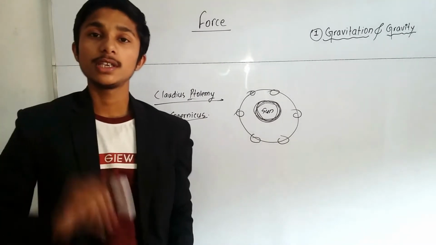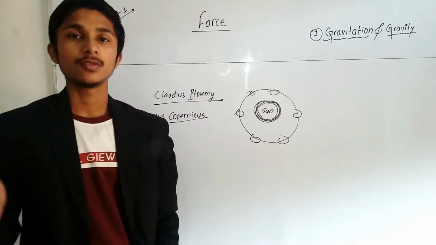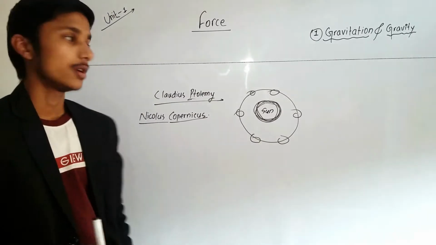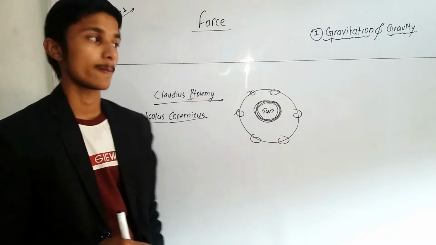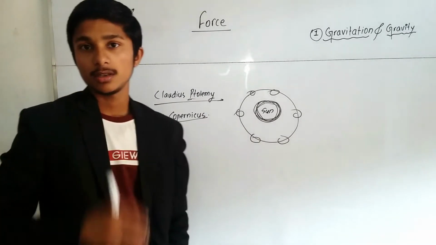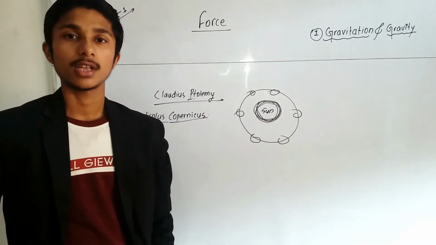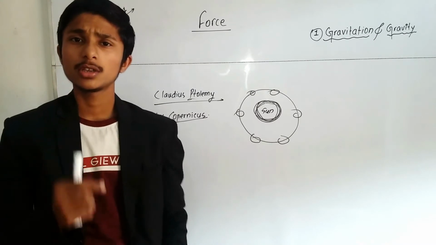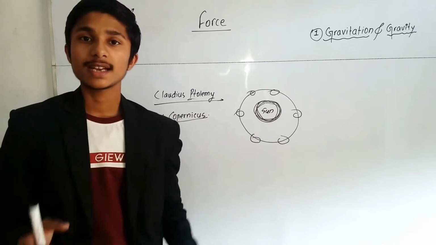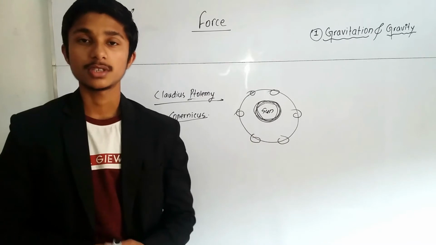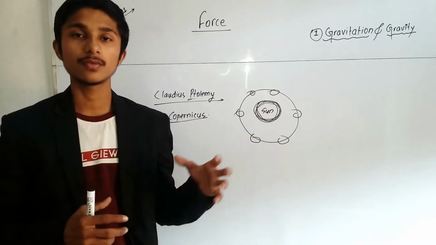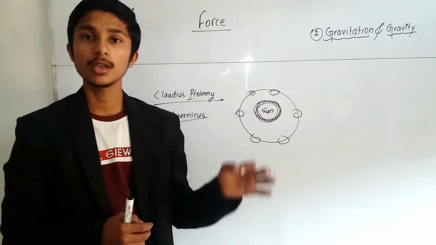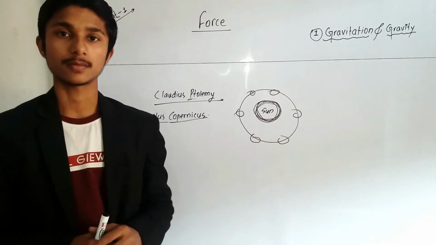But later on, the English physicist Sir Isaac Newton studied the motion of Earth and the planets, and in his study, he found that everything in the universe attracts every other object. Every object in the universe attracts every other object with a force of attraction called the force of gravitation.